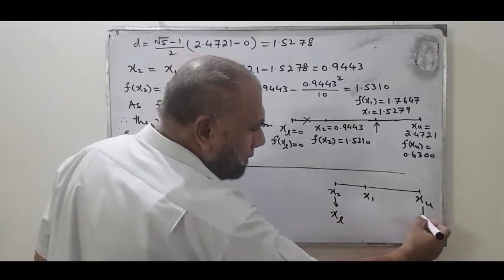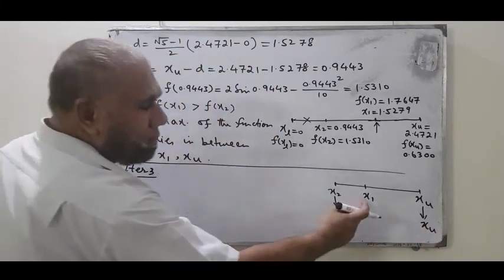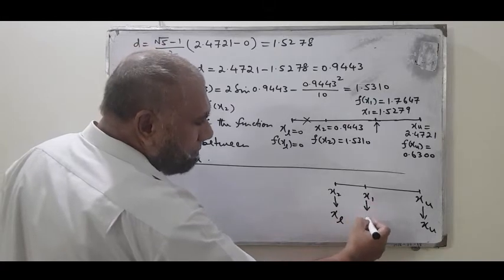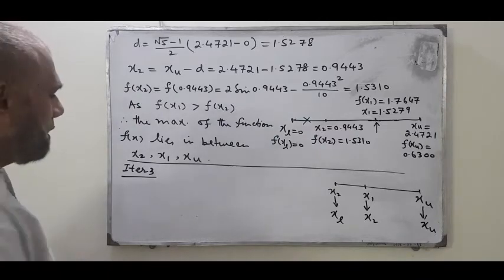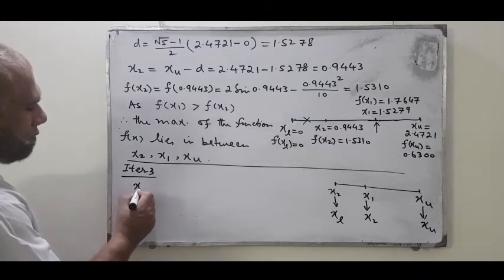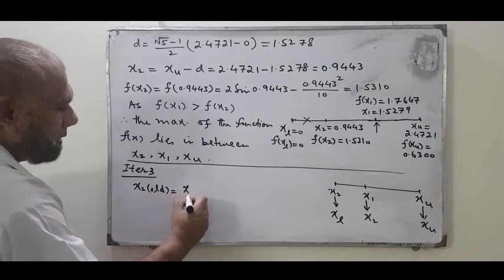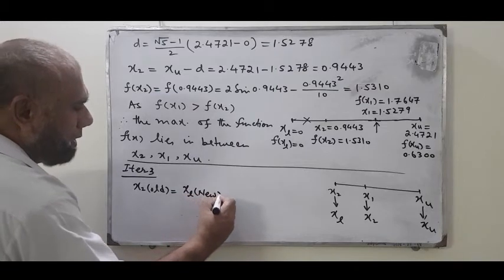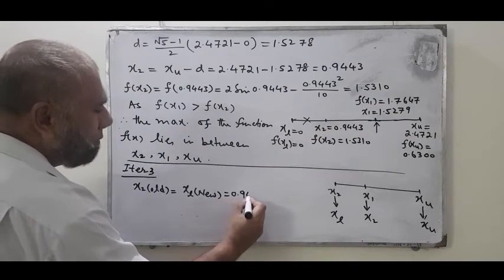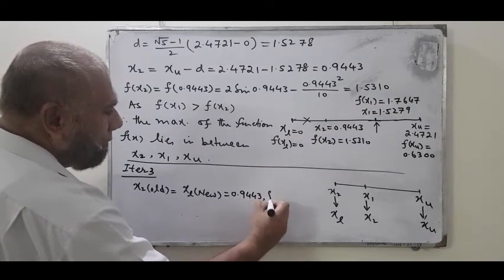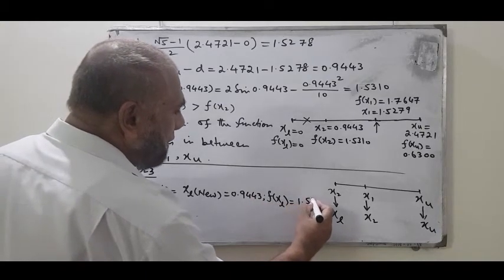And xu is still on the right boundary, so it is not going to change, it remains as it is. And as I told you, the middle point will simply change into the other point. So x1 now goes to x2. So here we now write down x2 old, now in the role of your xl new, and this is equal to what x2 previously was, 0.9443, and the function's value at xl will be equal to 1.5310.